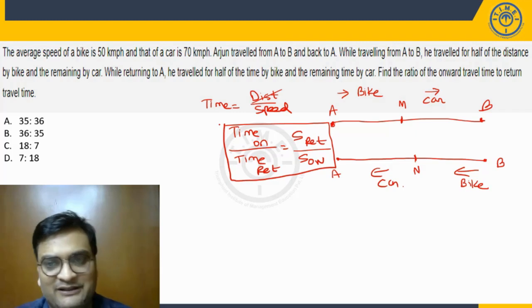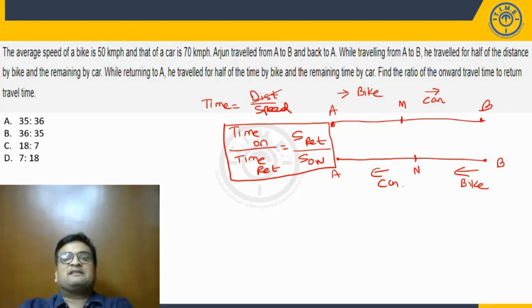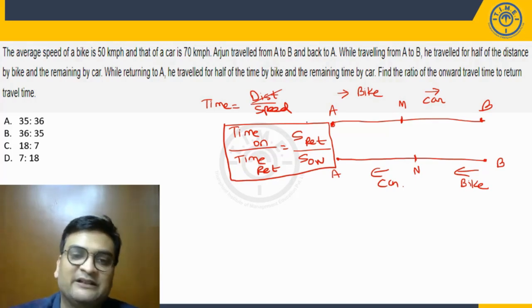The distance will cancel out, so time 1 by time 2 will be equal to speed 2 by speed 1. But now I need to understand what is speed onward and what is speed return.